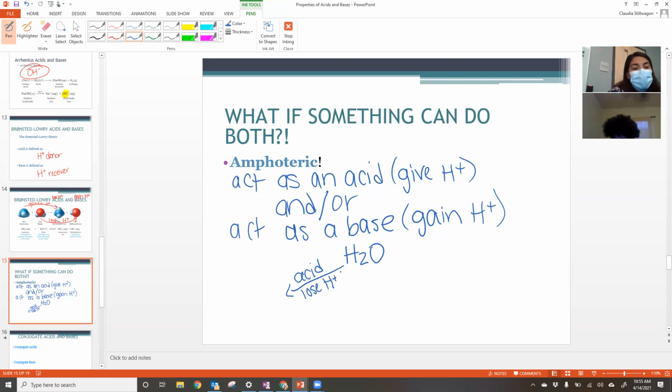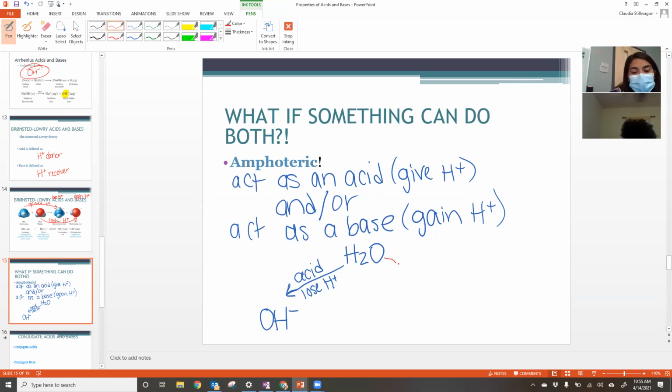What will that formula become? If H2O loses a hydrogen, what will it become? Very good. Please do not write HO. You are chemists at this point. It is not HO, it is OH.